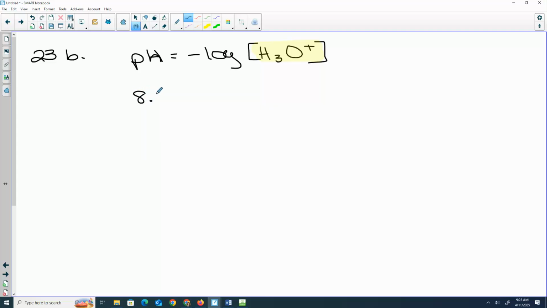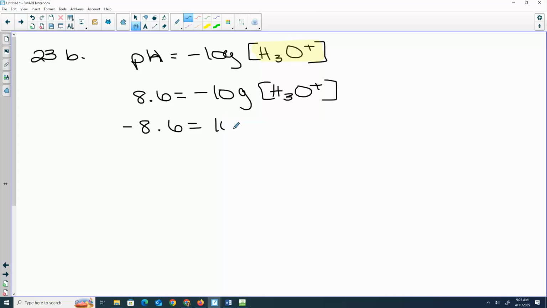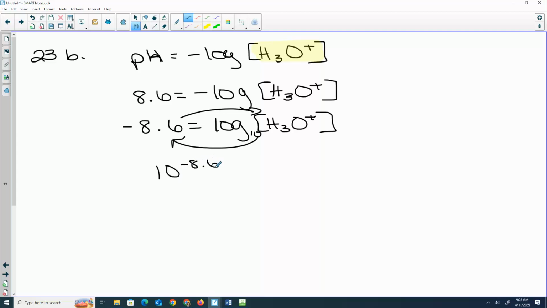So my pH is 8.6. Divide the negative over. What is the base of our log? 10. So if we change it to exponential, it's 10 to the negative 8.6 equals H3O plus.